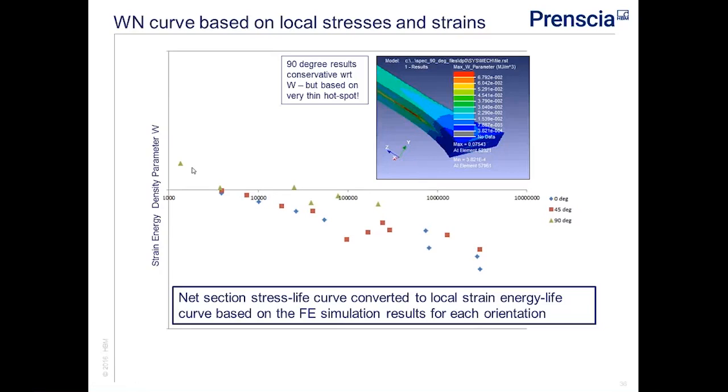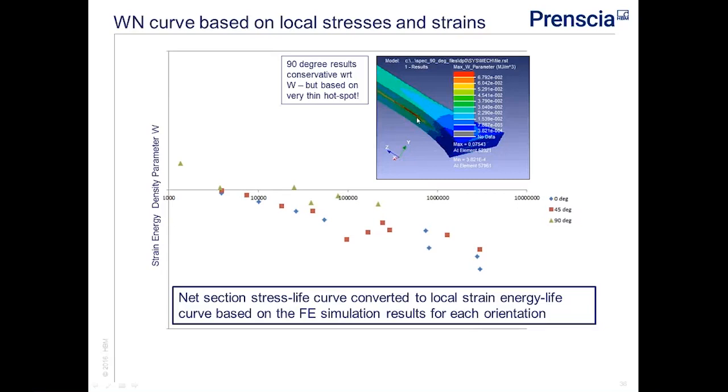But one of the things we haven't addressed here is quite a well-known phenomenon in fatigue, which is the stress gradient or support effect. When we look at the 90-degree tests in particular, what I've plotted on the right-hand side here is the strain energy density parameter for a tensile test in the 90-degree specimen orientation.